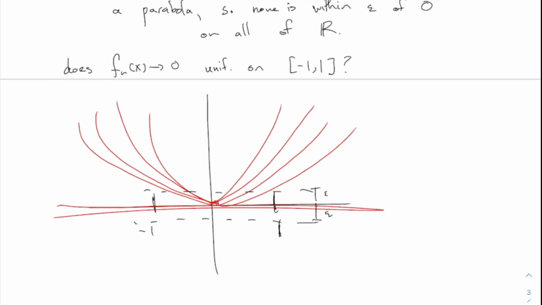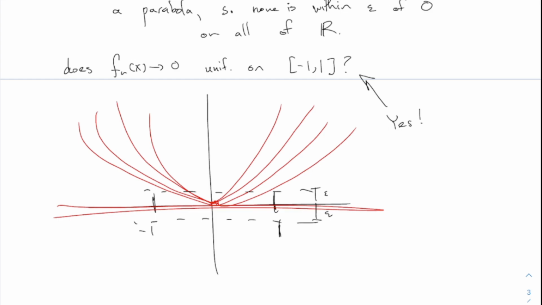I think now it is true. It's still true that these parabolas go up to infinity, like over here, but just in this region here, they will all fall within this narrow band, from minus epsilon to epsilon. And so the answer here is yes.